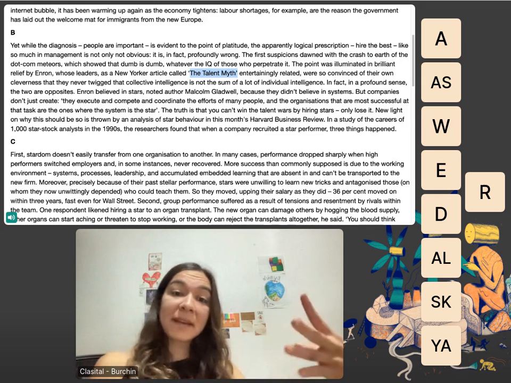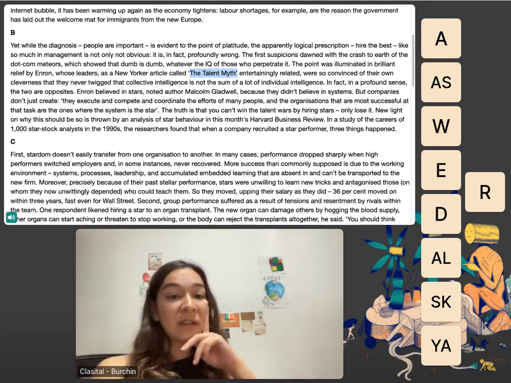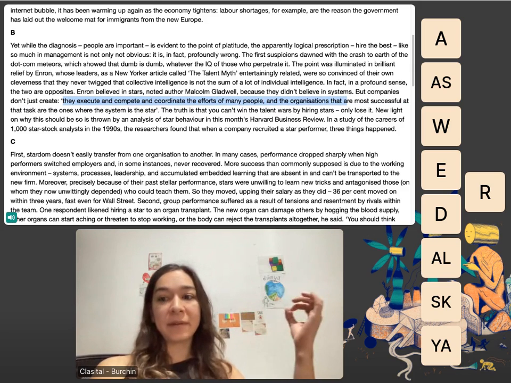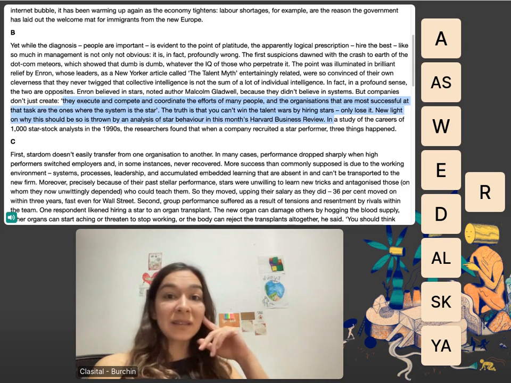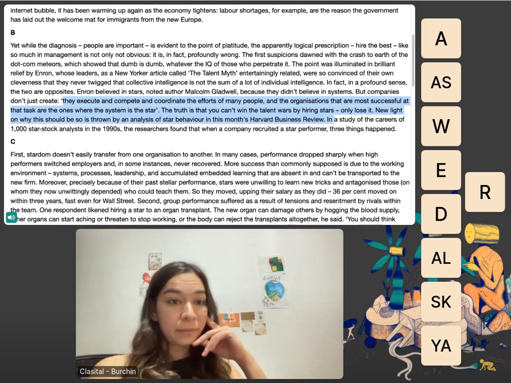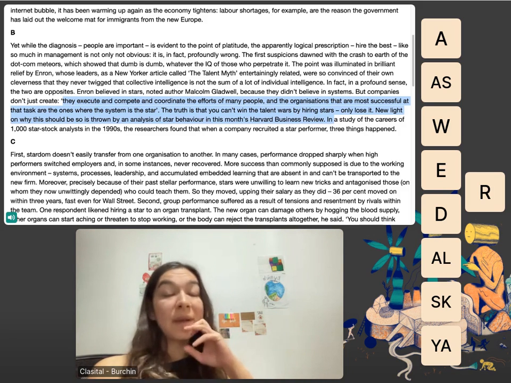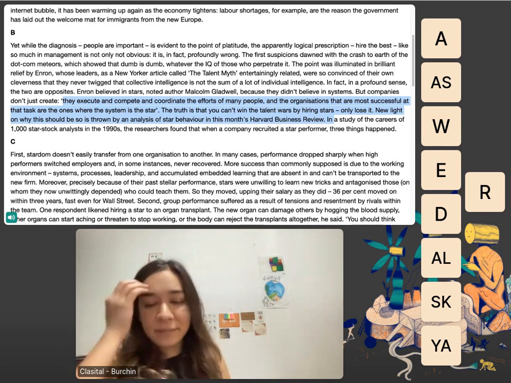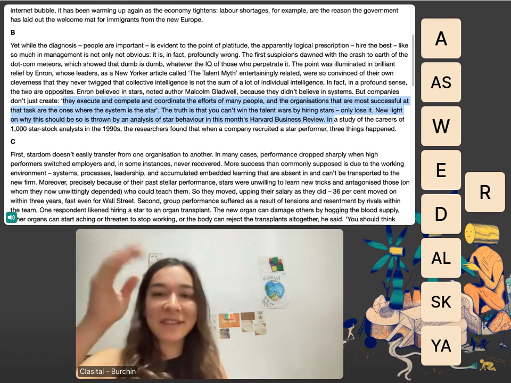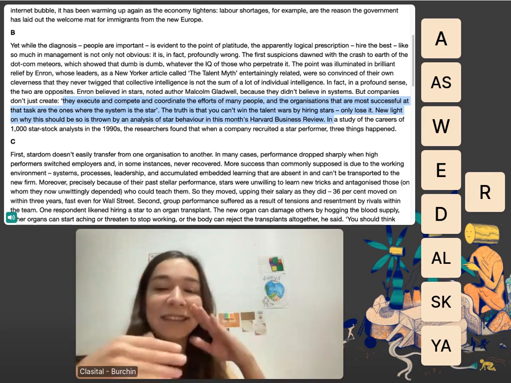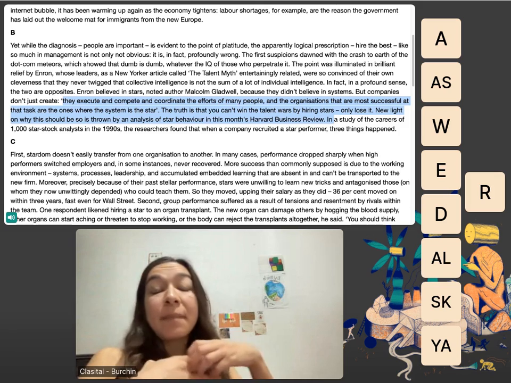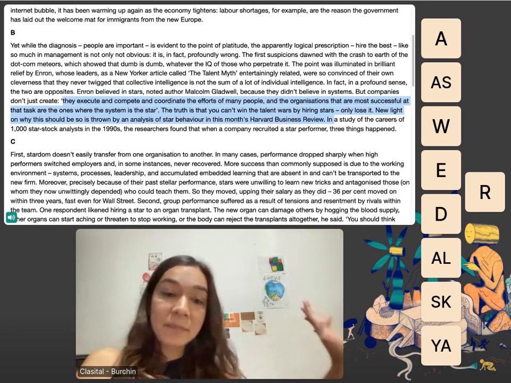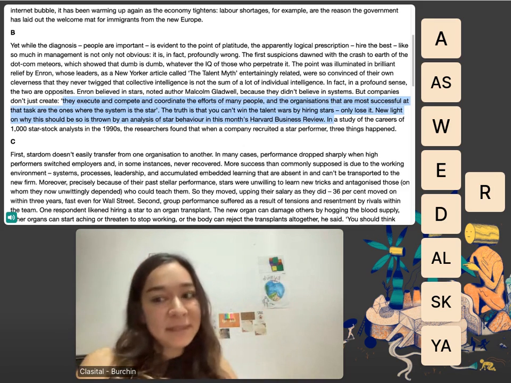They collapsed because companies execute, compete and coordinate the efforts of many people, but Enron was not one of them because they didn't believe in the system. This is the not given statement, but I'm saying it. Maybe they haven't worked hard enough because they were talented, because they haven't believed in the system, and they collapsed in the end.